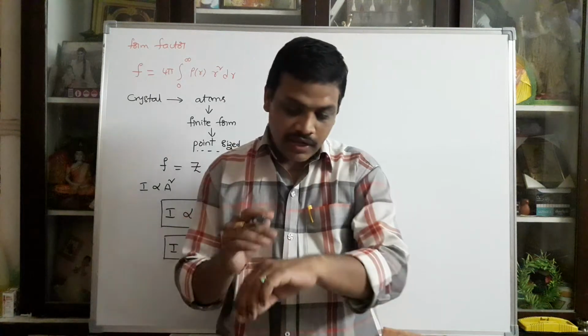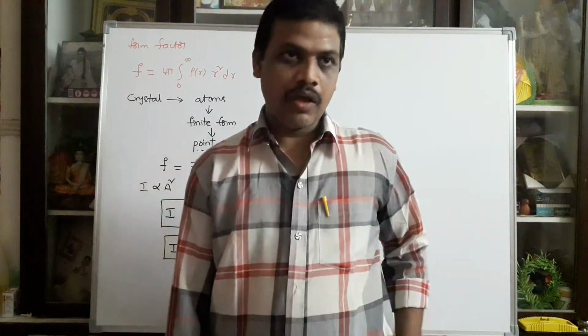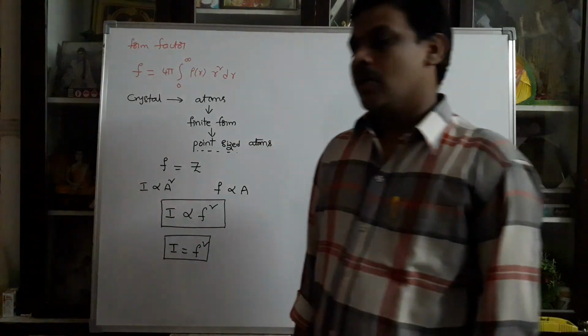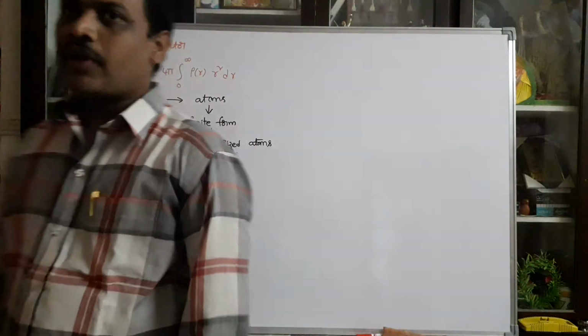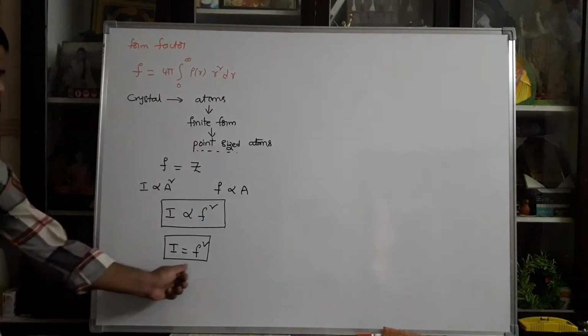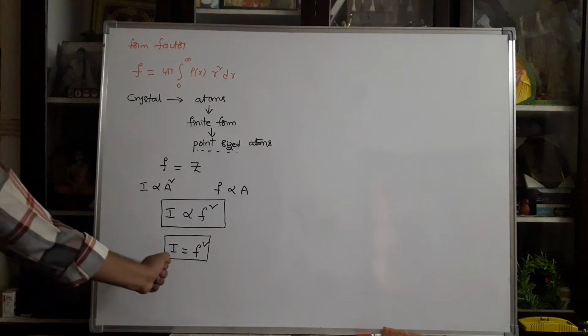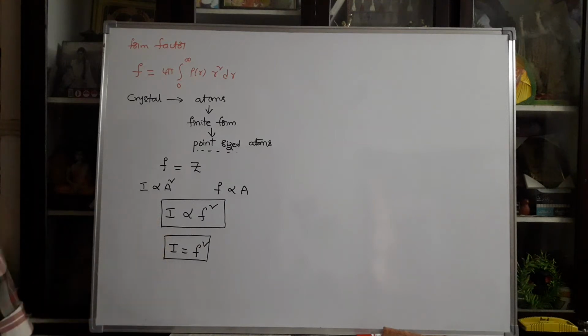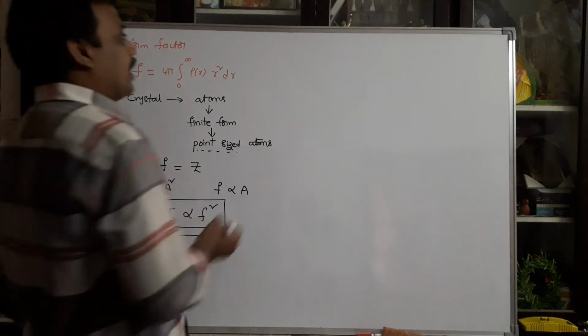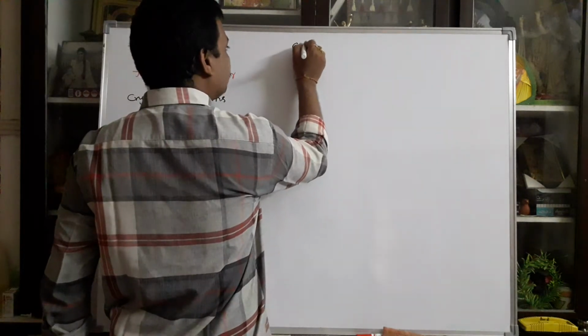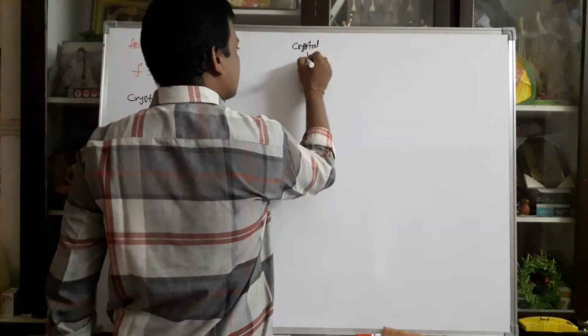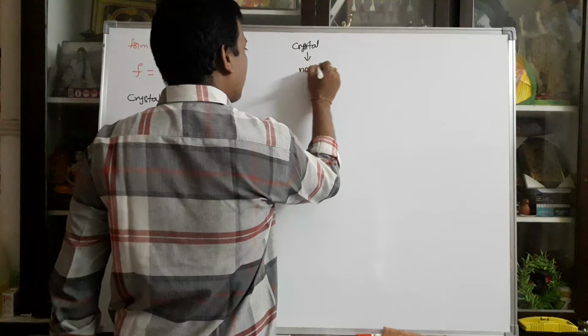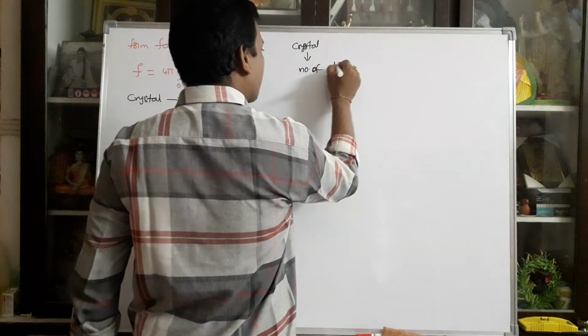It is necessary to calculate whether the waves are diffracted or not. Suppose the waves are diffracted, then the intensity must be equal to the square of the form factor. This value must be calculated by taking a crystal consisting of a number of atoms.